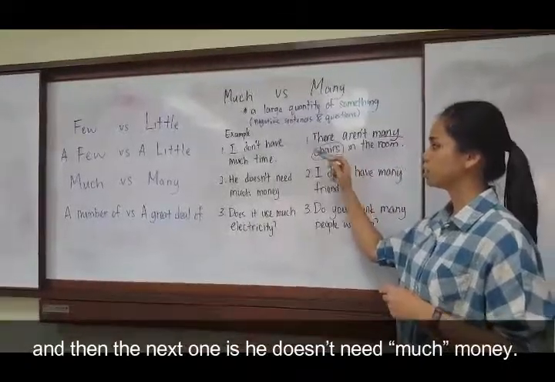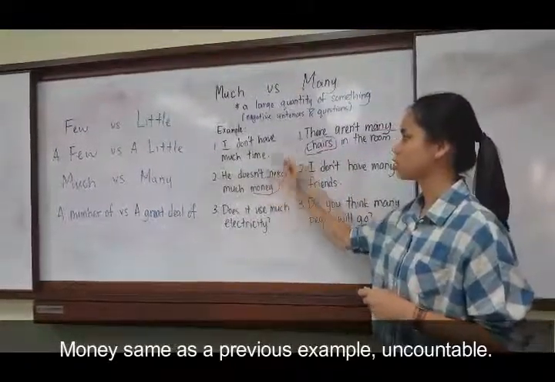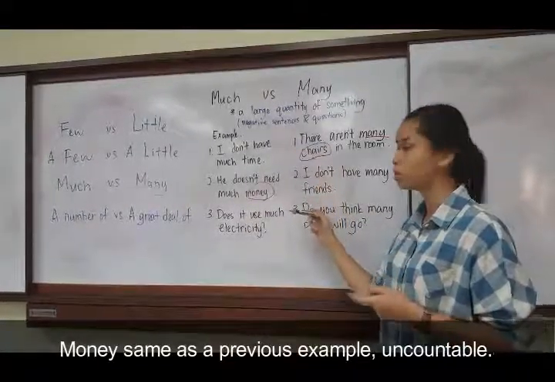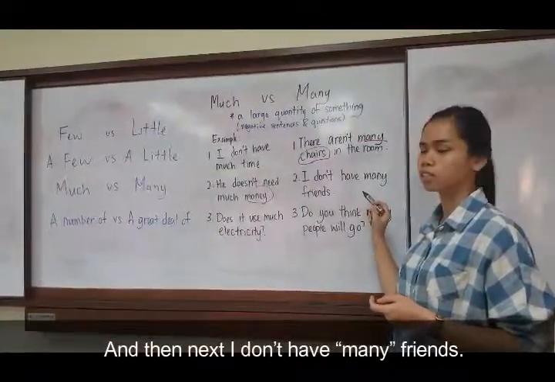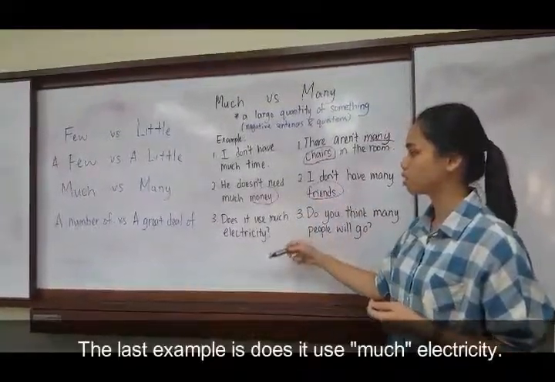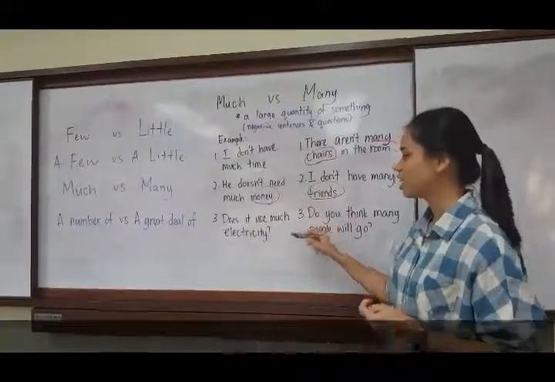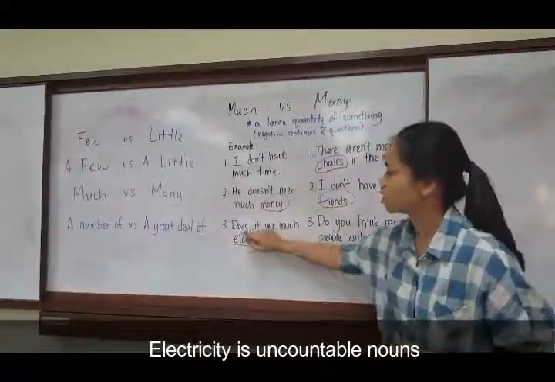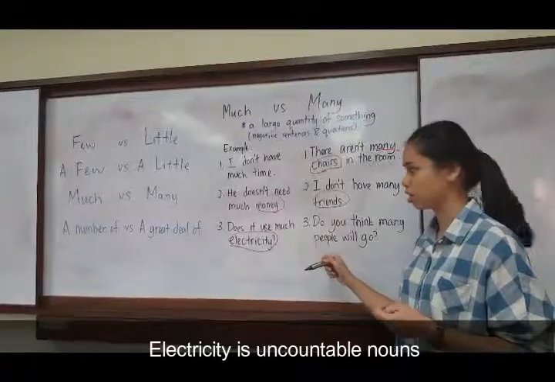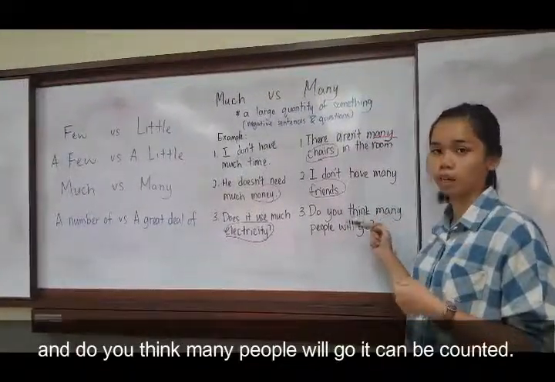And then the next one is, he doesn't need much money. Money, same as the previous example, is non-countable. Next, I don't have many friends. Friends is countable nouns. The last example is, does it use much electricity? Electricity is uncountable nouns. And do you think many people will go? It can be counted.